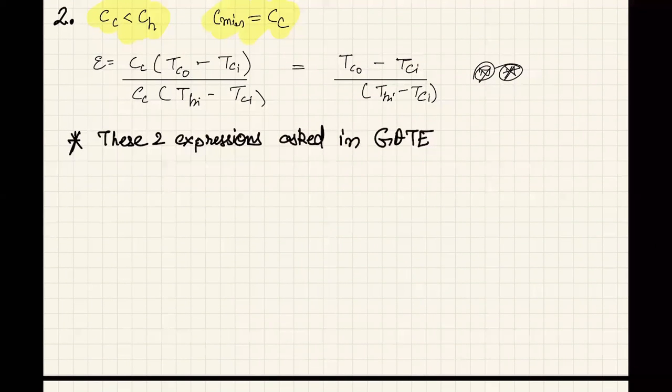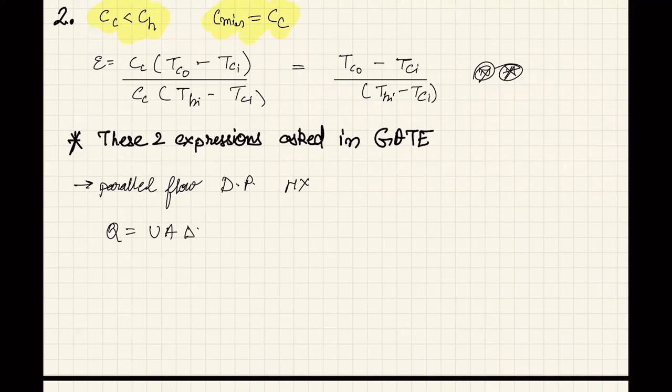alright, moving further. So we now take the case of parallel flow, double pipe heat exchanger, and we know this Q is equal to UA times delta T LMTD. So we then substitute the expression for Q and the expression for delta T LMTD.